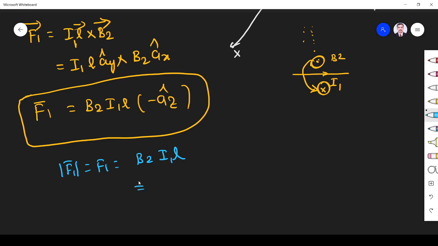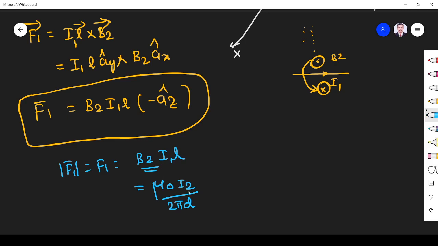We know the magnetic field generated by a current carrying element, which we derived using Ampere's circuit law. It is given by B2 equal to mu naught I2 divided by 2 pi d, where I2 is the current flowing through it. If you have any doubt, please refer to my video on the magnetic field due to a current carrying element.